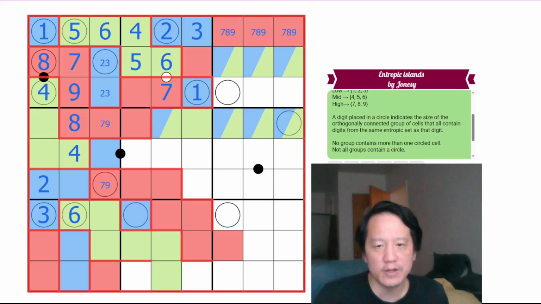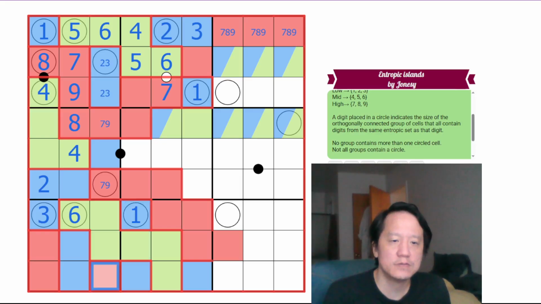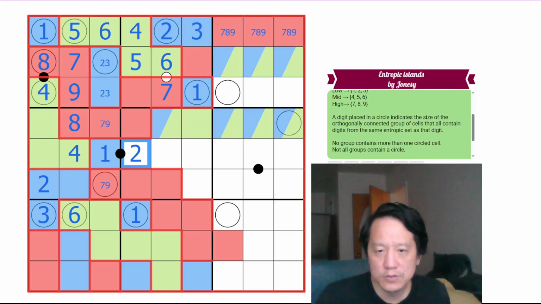So this cannot be any more middles or highs. So these are both low. This is size 1 as a region. This is 1, which is in a 1 to 2 ratio only with 2. So this is low there also.